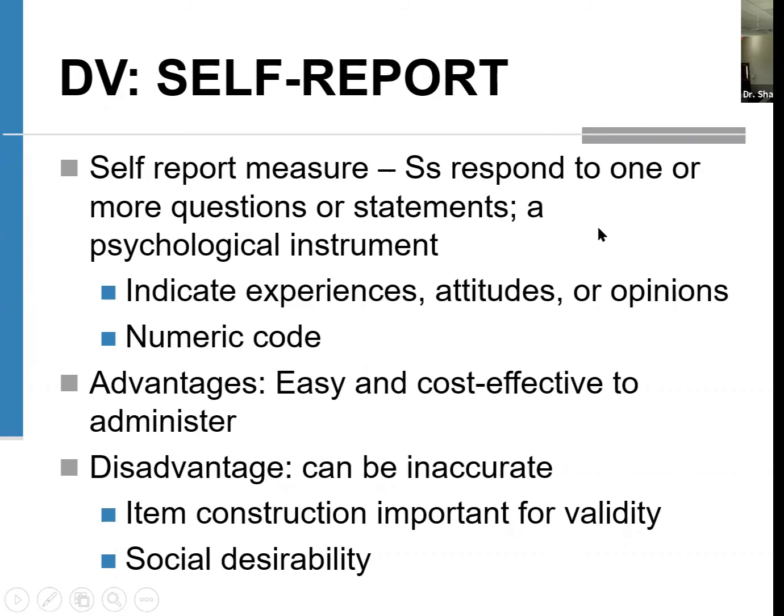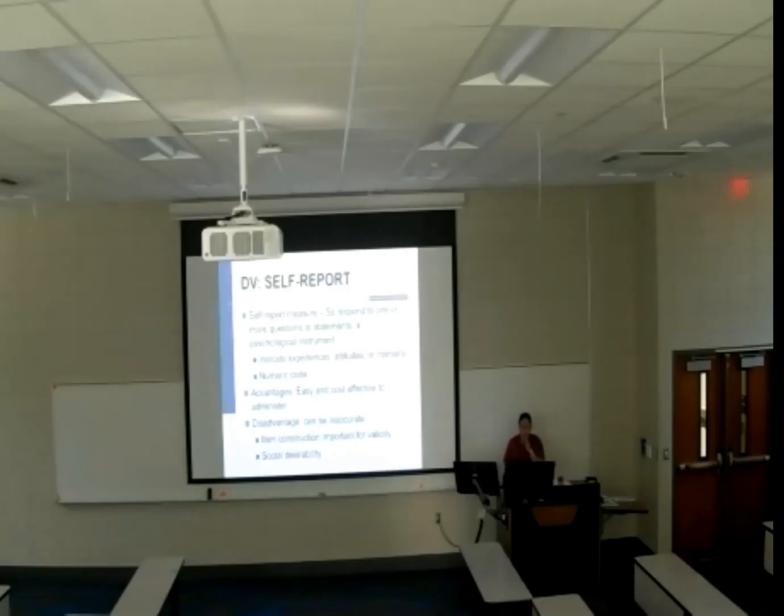In this case, you will have the subjects respond to one or more questions. Generally, you'll see that in a psychological instrument. So, as I mentioned, the MMPI, the PAI, personality assessment inventory. Generally, these self-reports are interested in indicating your experiences, your attitudes, your opinions, right?